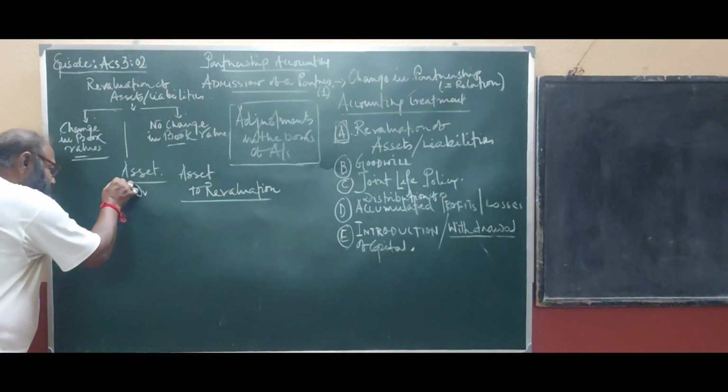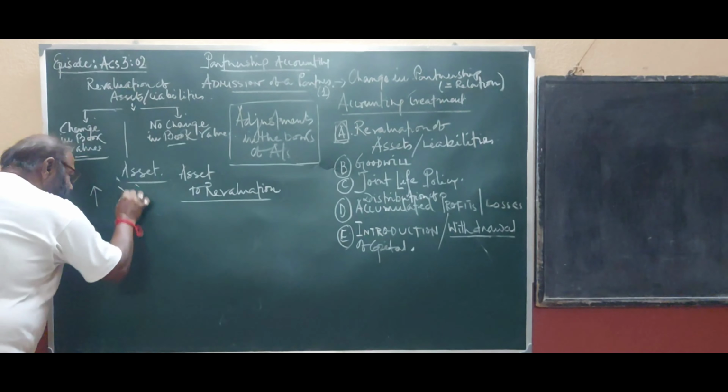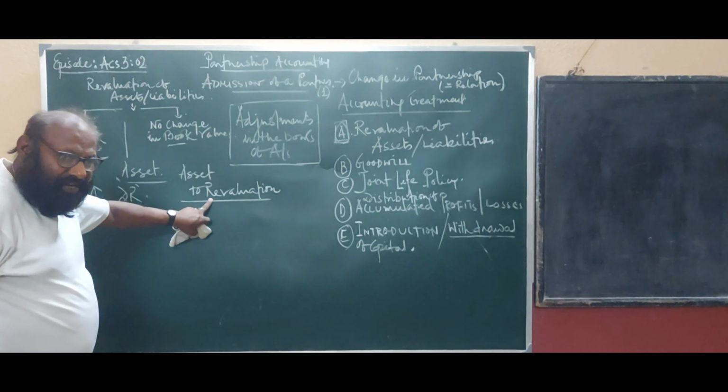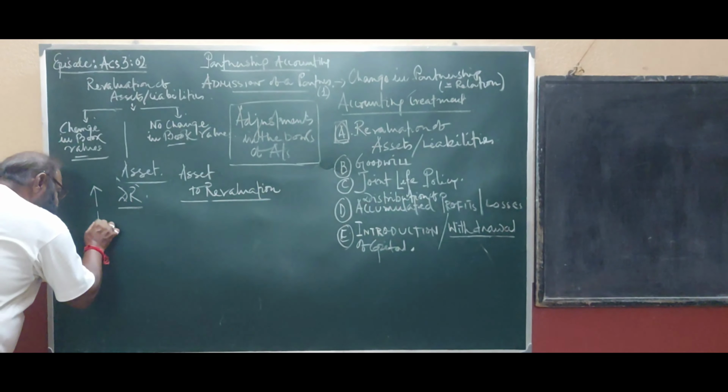If the value of the asset increases, then we will debit the asset and credit the revaluation account. Clear? Now, if the value of the assets reduces, in that case the asset account will be credited, and the revaluation account will be debited.